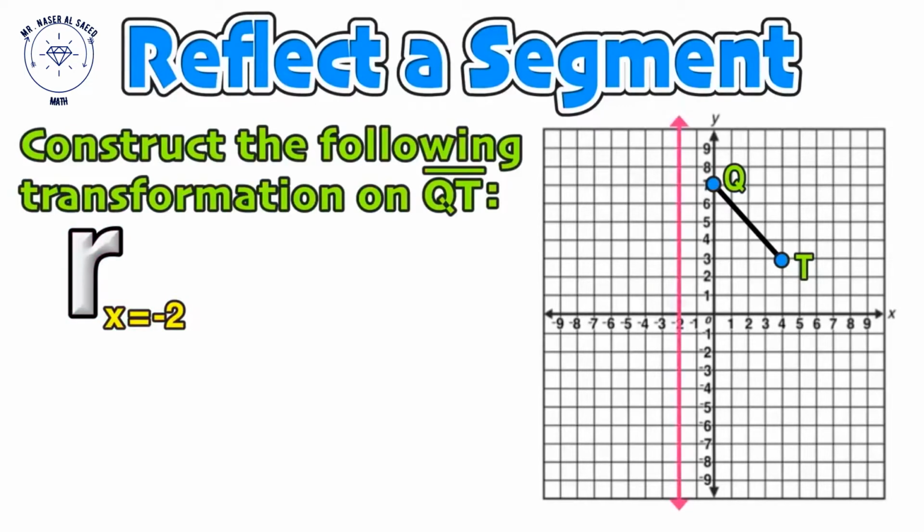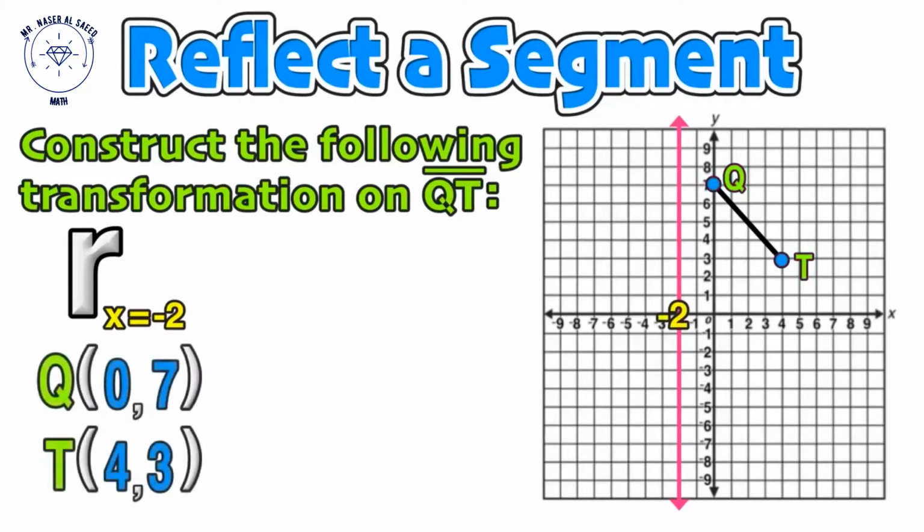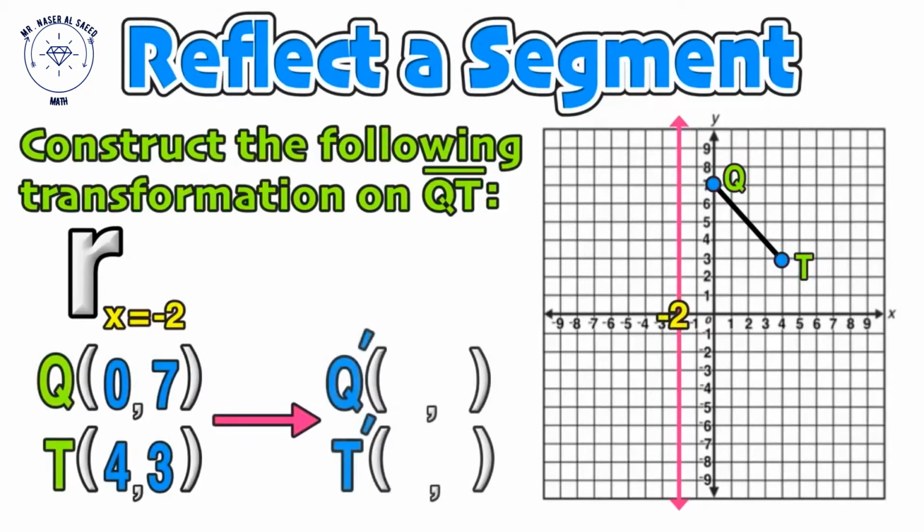For our next example, we are going to reflect a line segment. Our line of symmetry, x equals -2, is a vertical line equation.